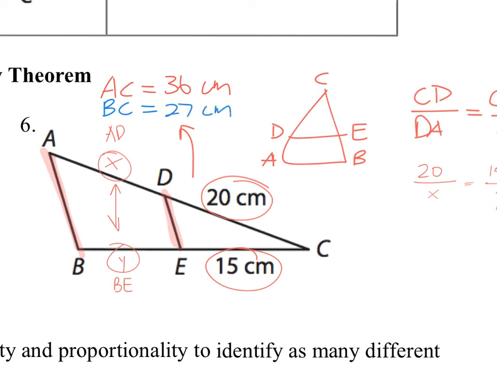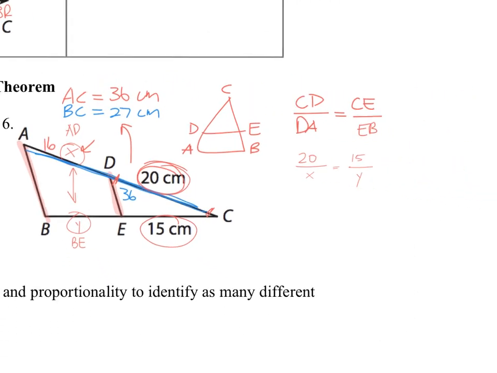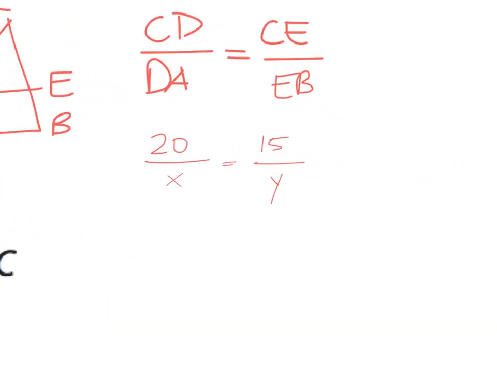I'm just kind of adding to this here. Well, if AC is 36, this whole distance here would be 36. And since this first section from D to C is 20, then A to D has to be 16. So now we can put that over in our proportion.